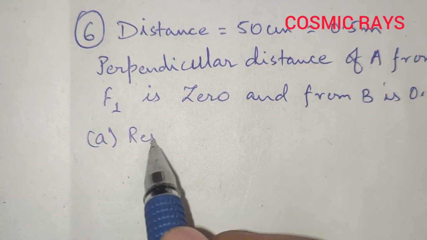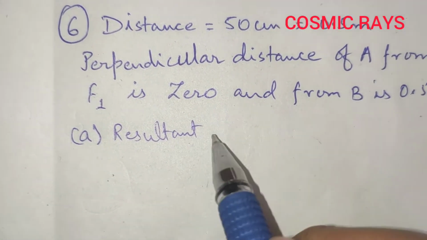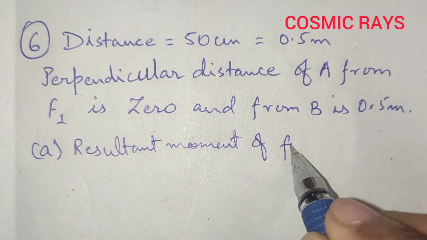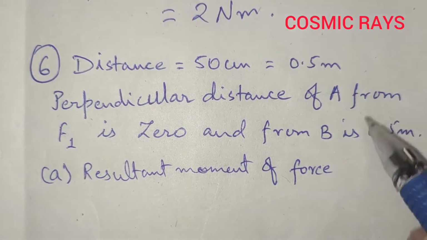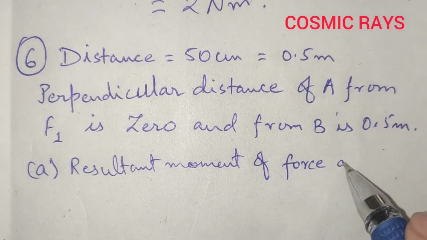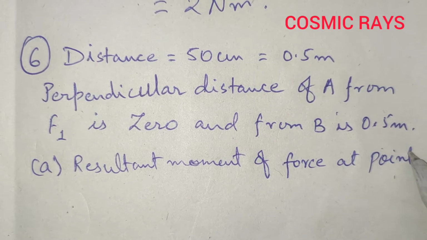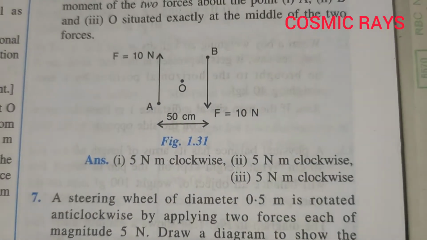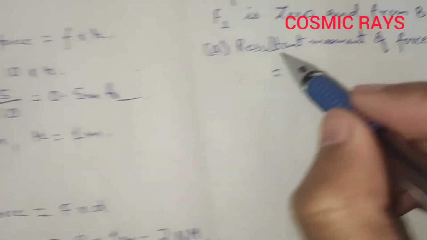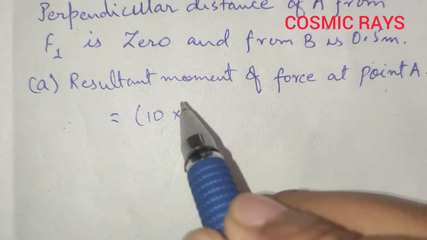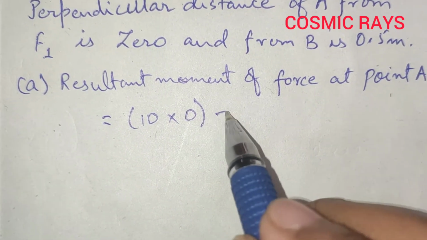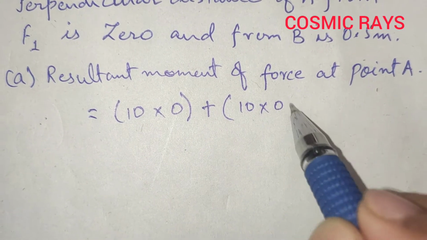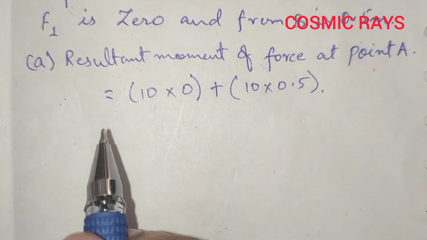So we do the first part of the question where we have to find the resultant moment of force at point A. So for point A, for the first force, the force is 10 Newton multiplied by the distance 0, plus for point B, the force is 10 Newton and the distance from point B is 0.5 meter.